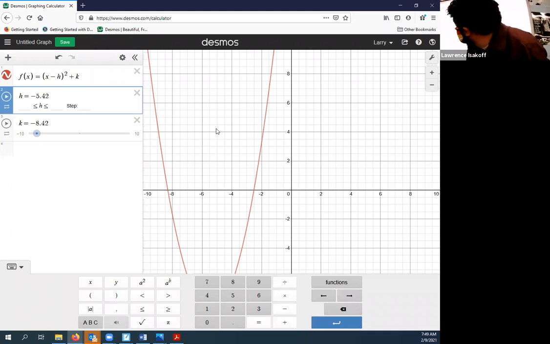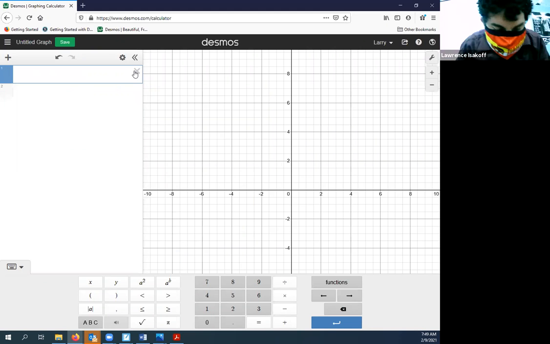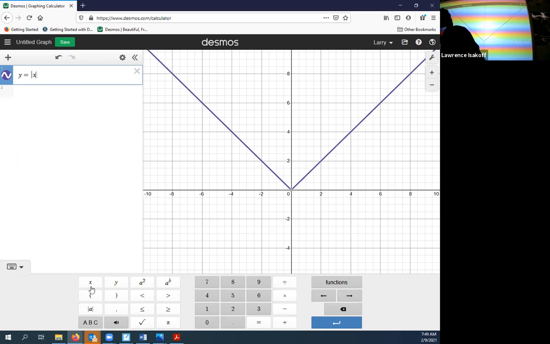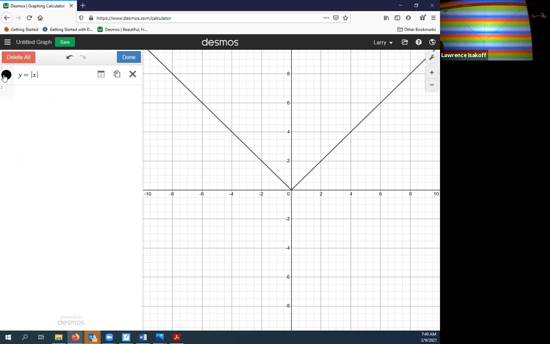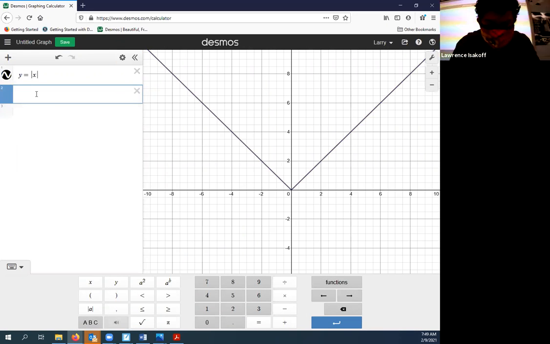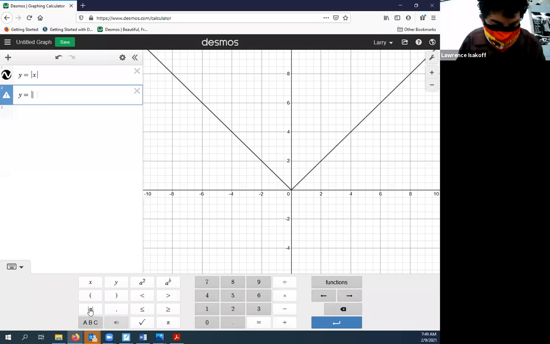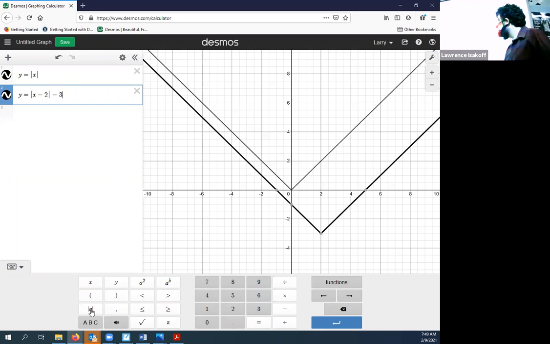So I can delete this out and start with y equals the absolute value of x. I'm going to change that color to black just because it is my parent function. I tend to like that to be more of a default. Then y equals the absolute value of x minus 2, close my absolute value, minus 3.